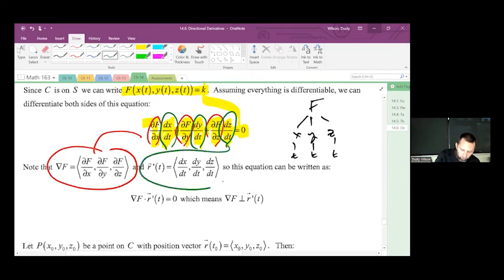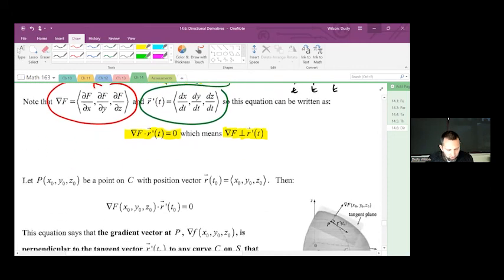Those are showing up here in r prime of t, which is dx dt, comma, dy dt, comma, dz dt. So this equation can be written as the gradient of f dotted with r prime of t equal to 0. And this tells us that the gradient of f is perpendicular to r prime of t.